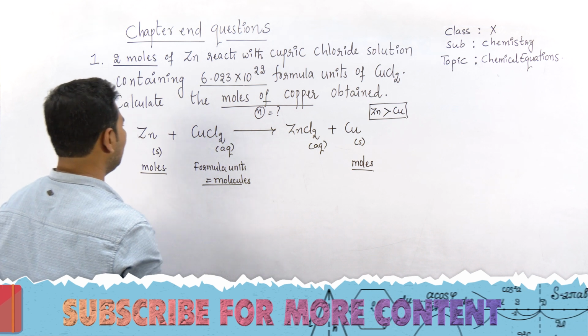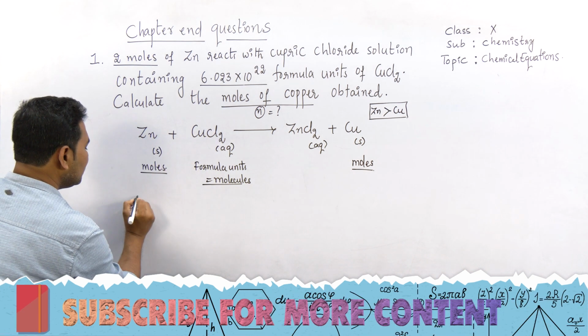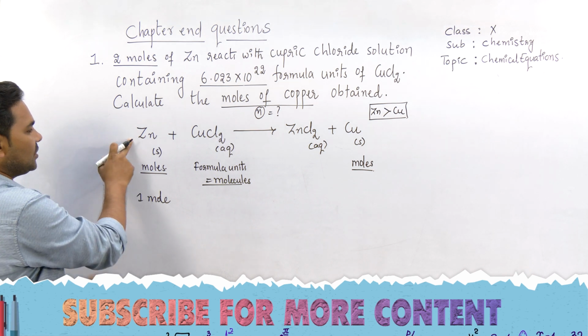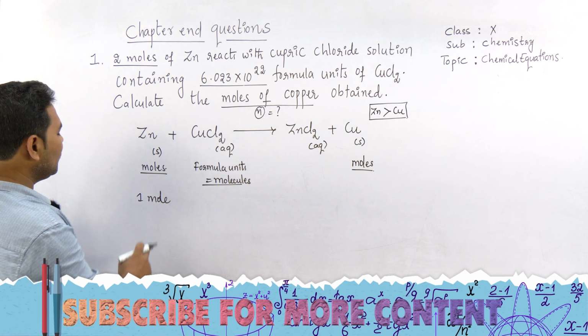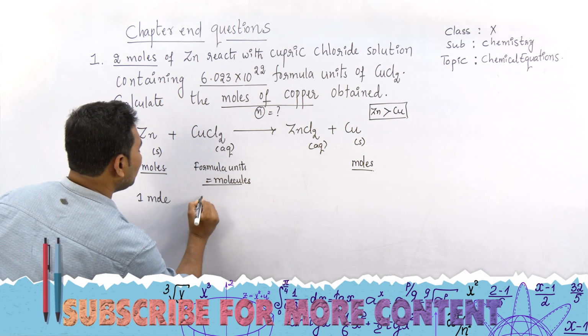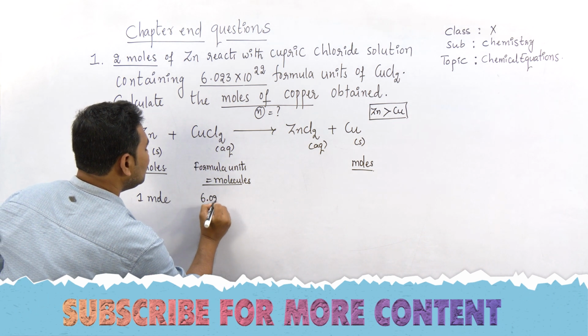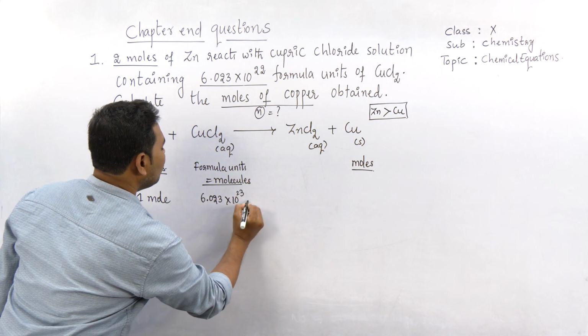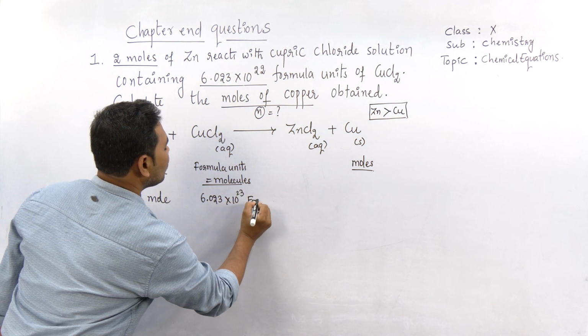So let us establish. According to this, 1 mole zinc, what is the coefficient here? Coefficient is 1. So 1 mole zinc reacts with how many formula units? 6.023 × 10^23 formula units.